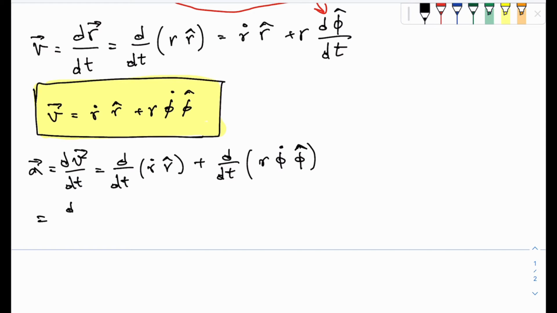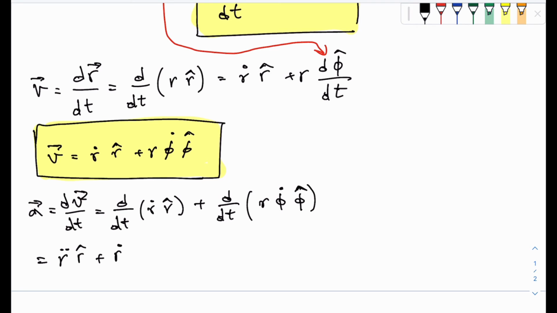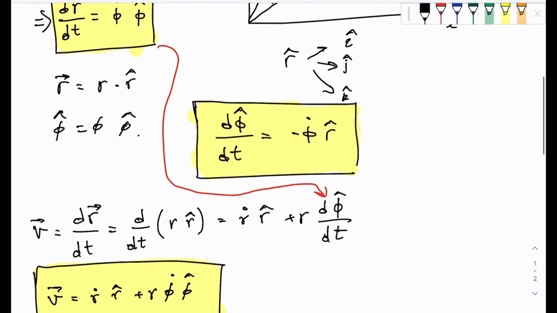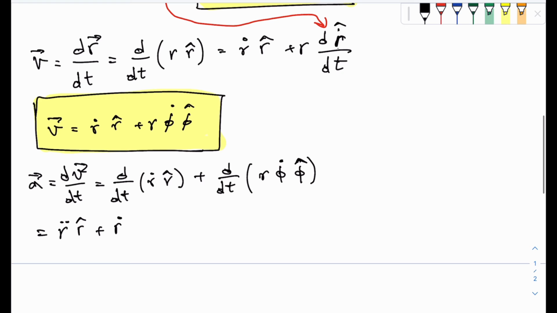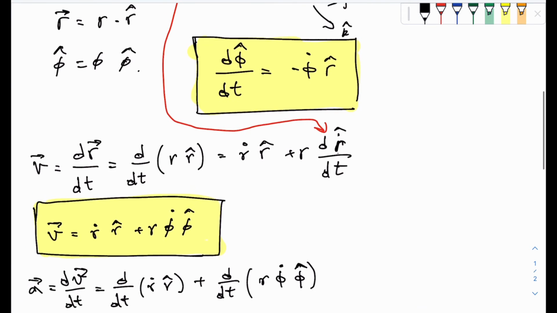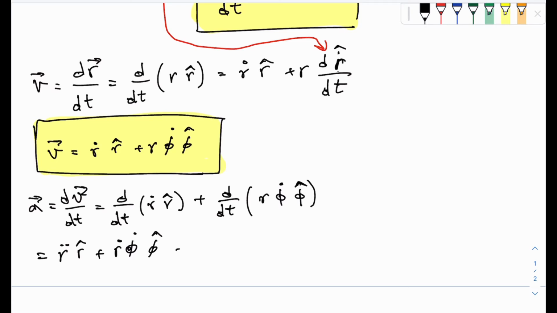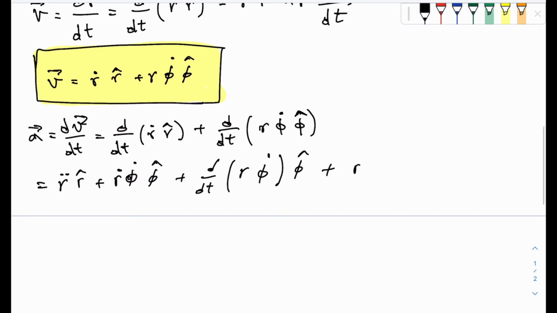So this is r double dot in the r direction plus r dot times the derivative of r hat, where here is a mistake, here is dr hat by dt, which is phi dot in the phi direction, plus d over dt of r phi dot in the phi direction plus r phi dot times d phi hat over dt.